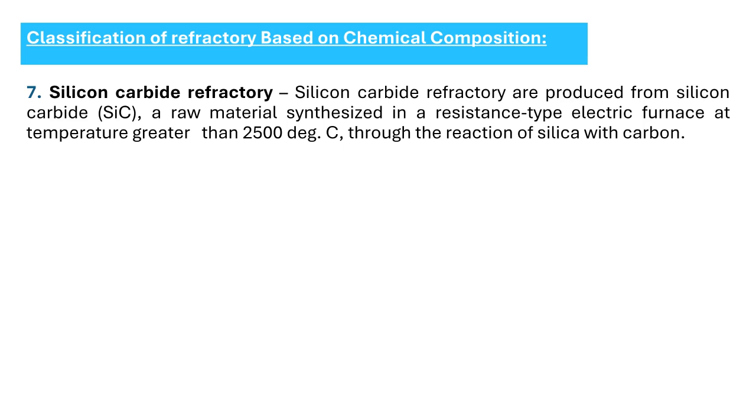Silicon carbide refractories deliver remarkable performance. They are chemically stable, conduct heat efficiently, and maintain mechanical strength even at very high temperatures. But there is one critical limitation. In oxidizing atmospheres, silicon carbide can begin to oxidize at temperatures above about 1700 degrees Celsius. This oxidation can reduce performance and must be considered when selecting materials. Because of their unique properties, silicon carbide refractories are used in specialized applications where strength, conductivity, and stability are essential, such as heating element cores and specific furnace zones.